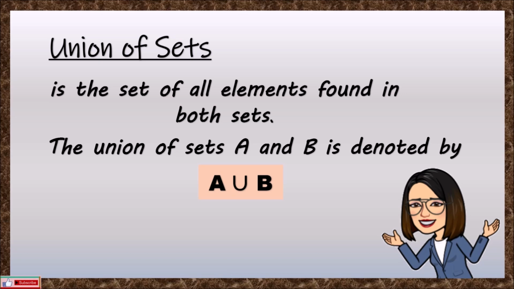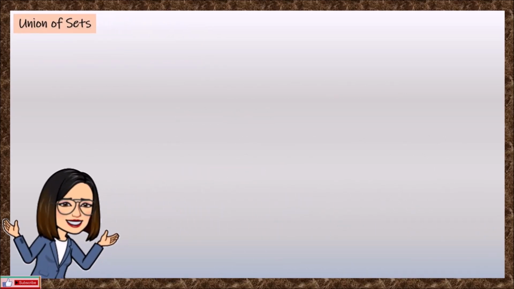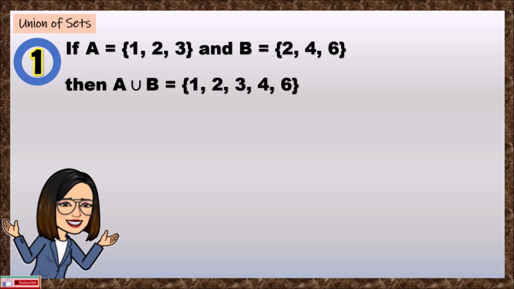Let's take a look at these examples. If A is equal to a set whose elements are 1, 2, 3, and B is a set whose elements are 2, 4, and 6, then A union B is equal to a set whose elements are 1, 2, 3, 4, and 6.